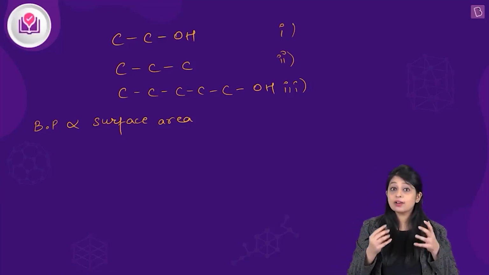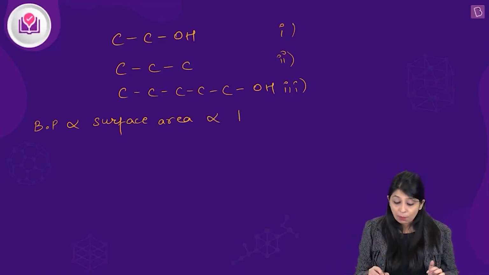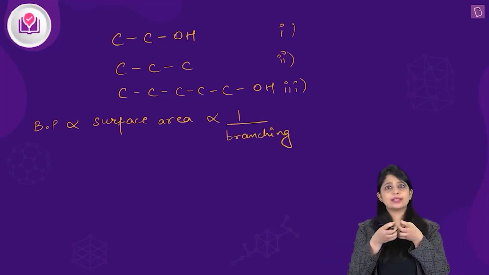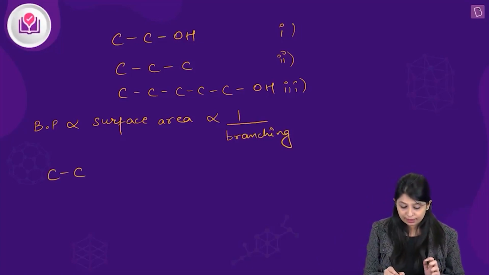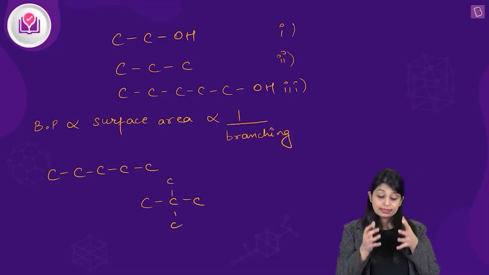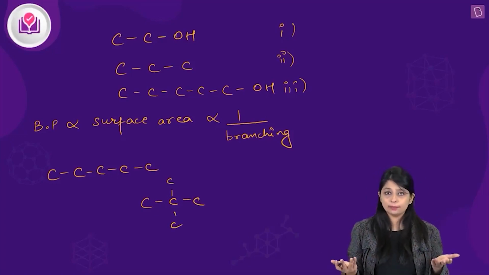Okay, now surface area, what can we say about branching? Well, boiling point is inversely proportional to branching. So if you have, let's say, 5 carbon atoms, okay, and I can arrange them. If we branch them, we can get this as well. These are the 2 isomers of pentane, right?